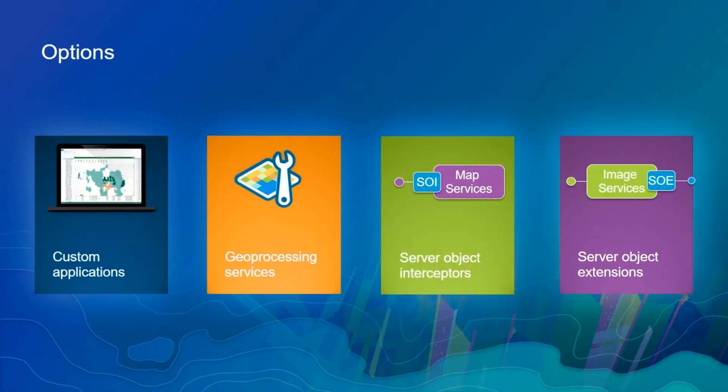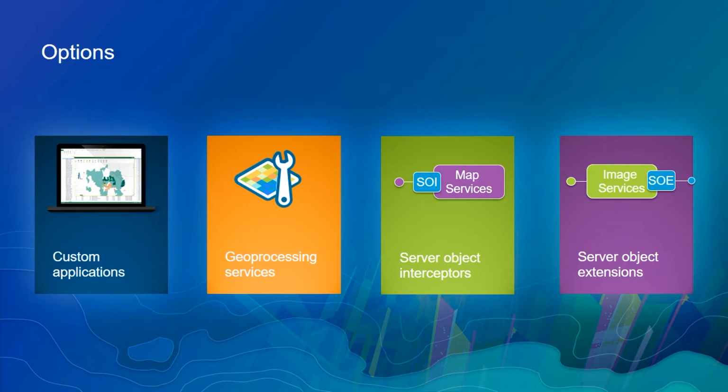So as a developer, you really have four main options, and we'll spend a little bit of time on all of them. The first is custom applications. A custom application is an application that you build. Sometimes you can configure an application using configurable templates within ArcGIS, or you can use something like Web AppBuilder to build a web application for your needs.